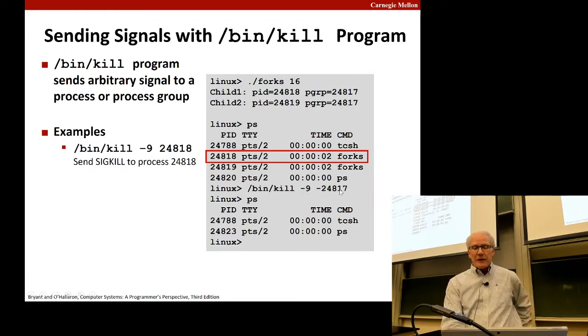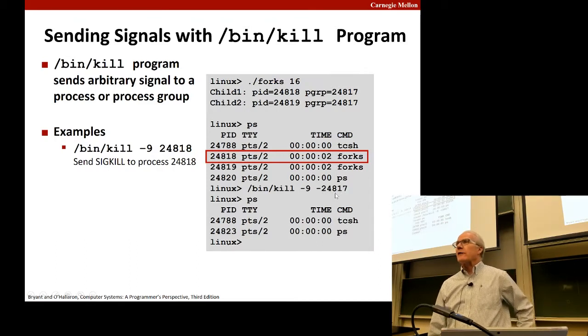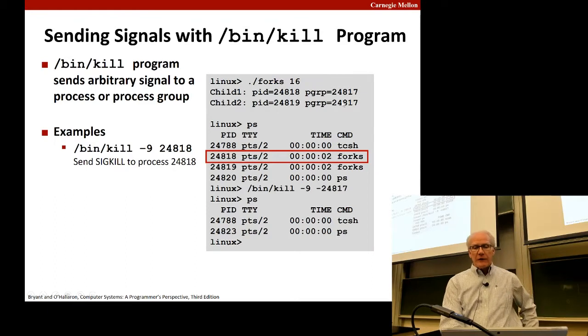Similarly, if I give a negative number for the process, I'm saying deliver the signal to every process in the entire group, 24817. In this example, you can look at the code, I set it up with 2 processes in a group, and the group ID was 24817. So by saying kill -9 minus 24817, it will kill both of these processes.